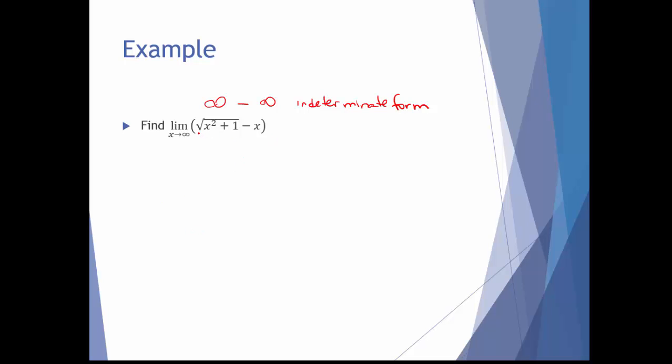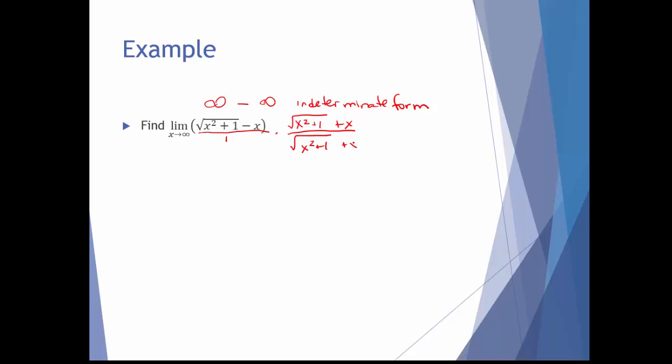What is in the denominator of every fraction? 1. So we can multiply numerator and denominator by something. Given that this is a radical, for this the technique is to rationalize. You're going to multiply by the square root of x squared plus 1 plus x, numerator and denominator.